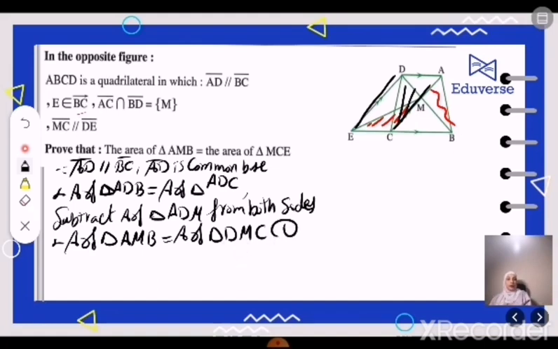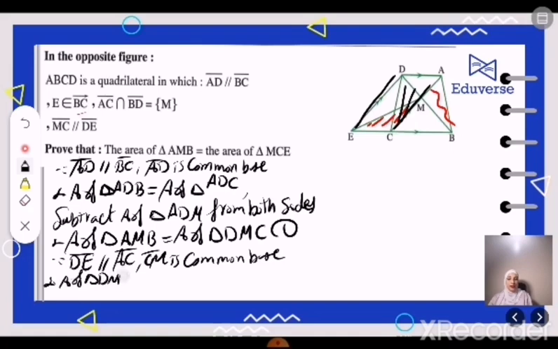Talk about the other part here. Since we have DE parallel to AC, or CM, we need only CM. And since CM is the common base, then I will say that area of triangle DMC equals area of the triangle EMC.